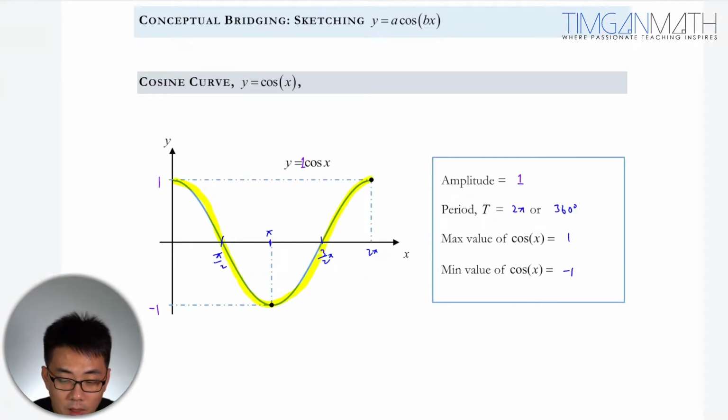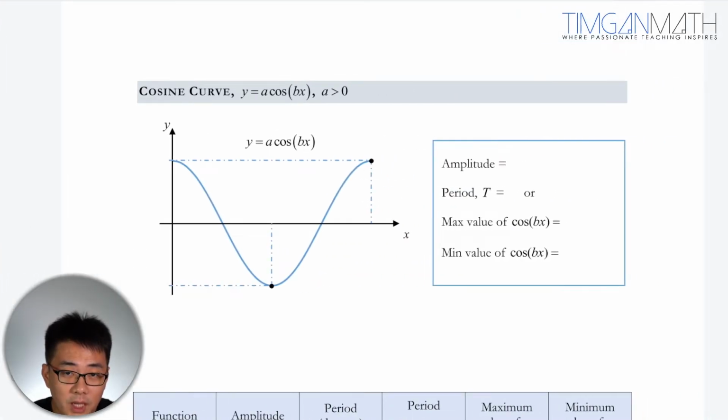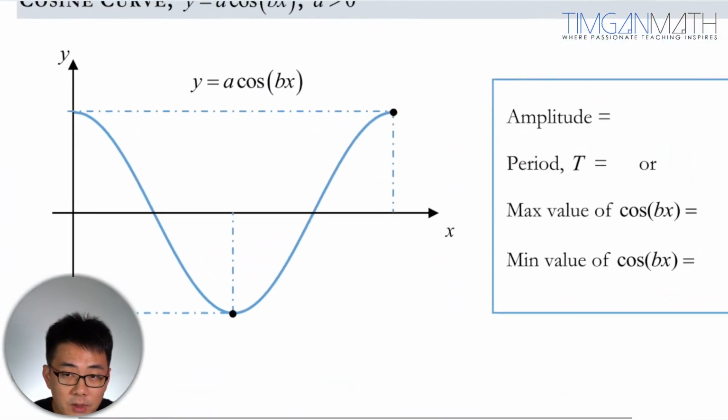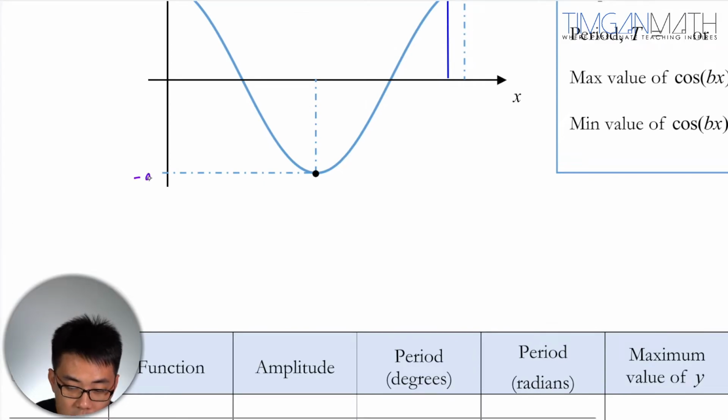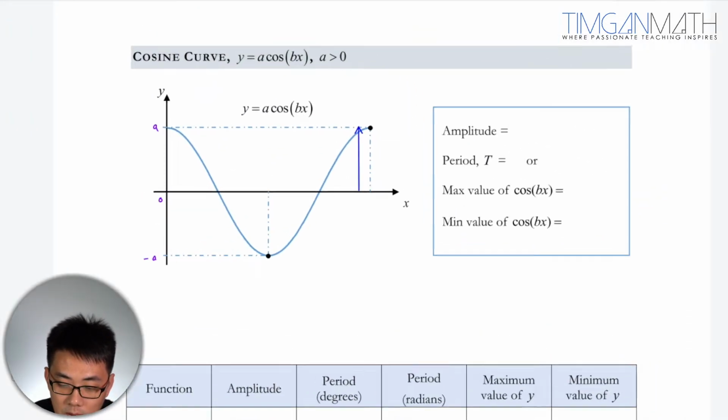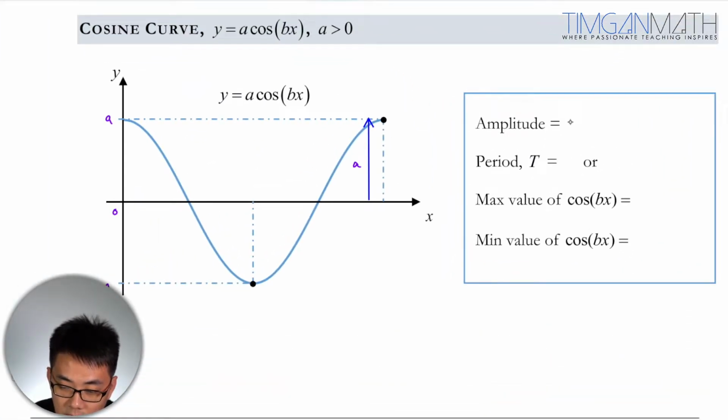Now this is a cosine curve. If you want to sketch the curve y = a cos bx, you need to know that the amplitude, instead of 1, will now be a. So this is a and this is minus a, and this is 0. The amplitude is a.